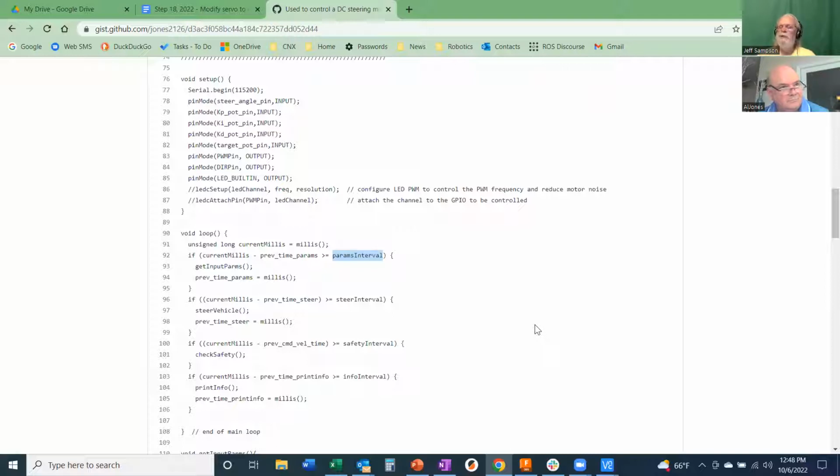As far as the KP, KI, and KD pots, that's not as critical, but again, once you turn them, you have to wait 0 to 5 seconds until those get applied. So if you read all of those pots faster, I think you'd be happier.